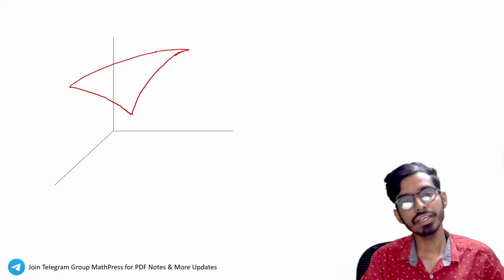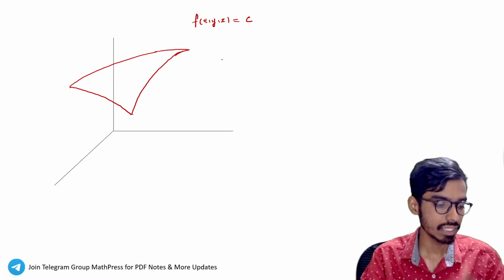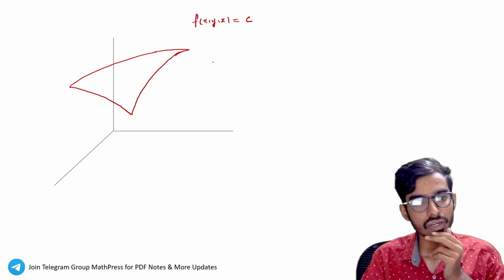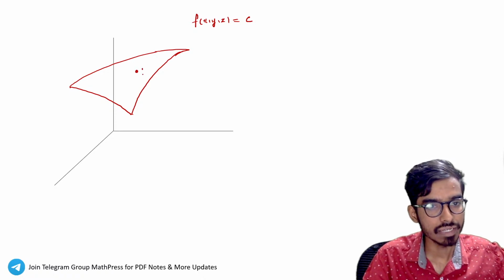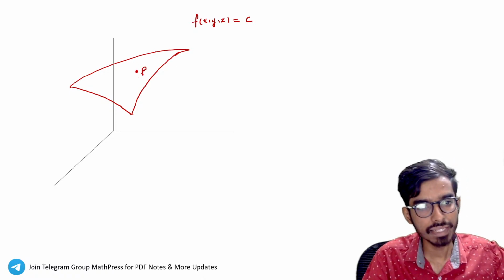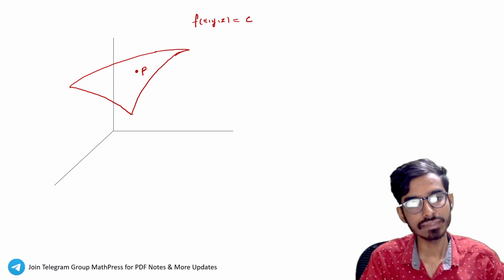So this is f of x comma y comma z is equal to c. Now let us take a point P on this surface. We are going to find the equation of the tangent plane and normal line to this surface.